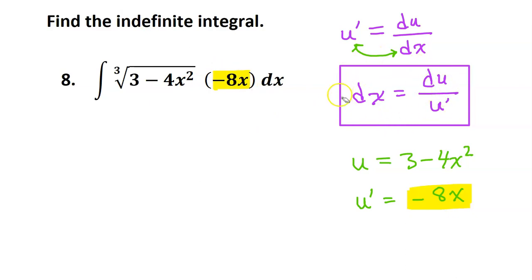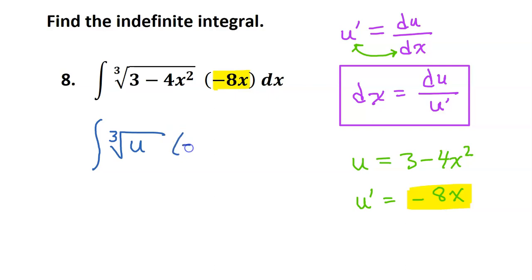So now we're going to use this feature right here. Let's go ahead and do the substitution. So we have the cube root of 3 minus 4x squared. We just decided that 3 minus 4x squared will now be called u. So this becomes the cube root of u.